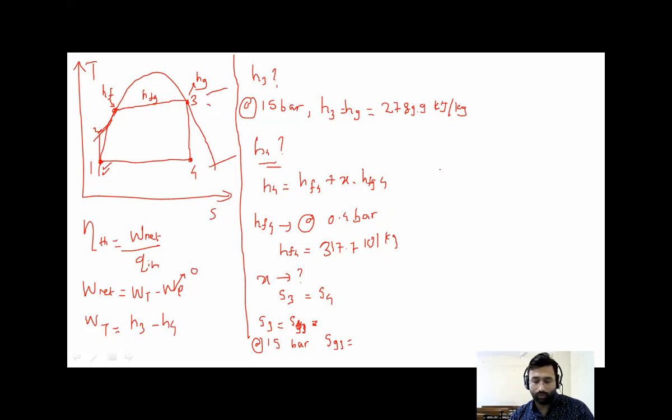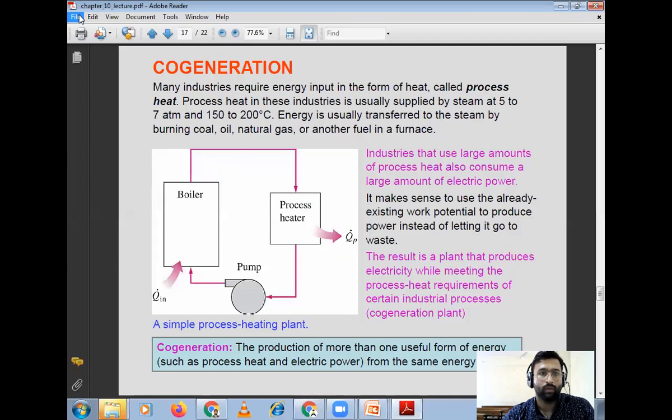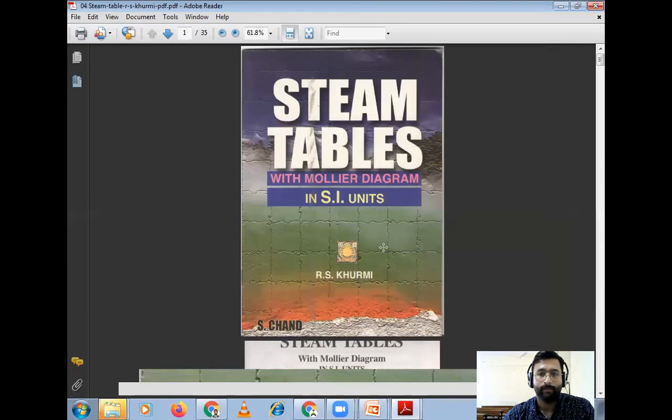Those in online mode, I will explain with the help of the steam table.